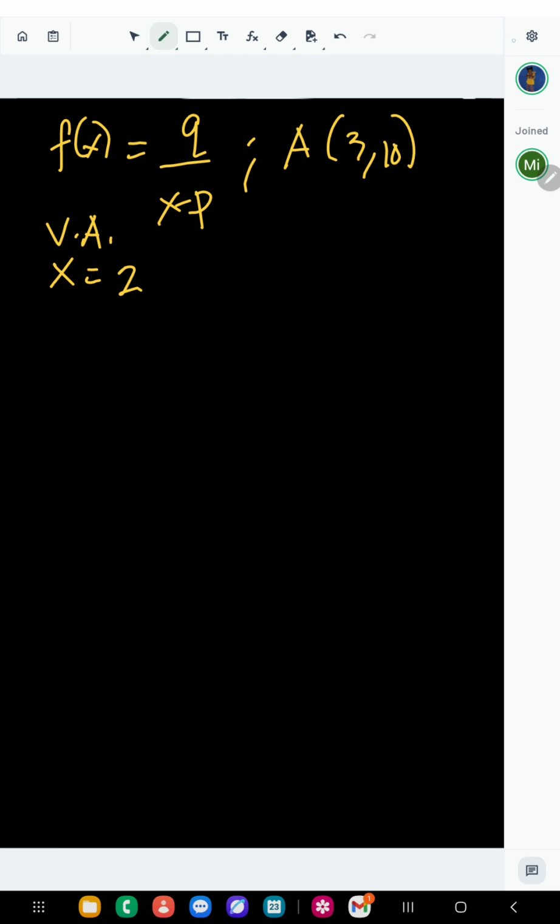I think from the previous problem, q and p are the x-intercepts, if you can still remember. Let me check the previous problem we did.